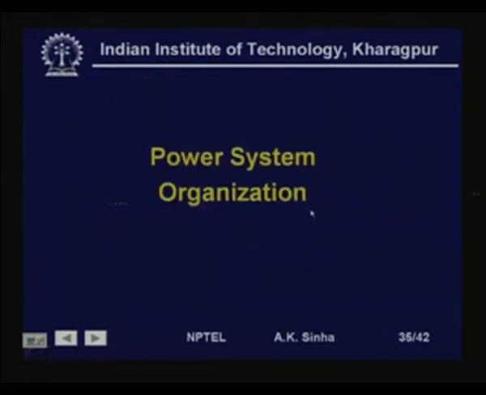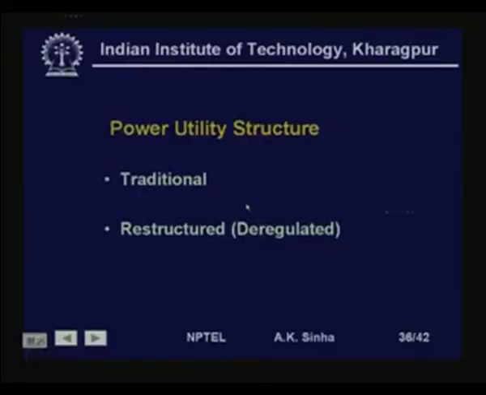Now, power system operation and its organization. The earlier power systems, which we call the traditional power system, were what we termed vertically integrated systems, where generation, transmission, and distribution were all controlled by a single entity.